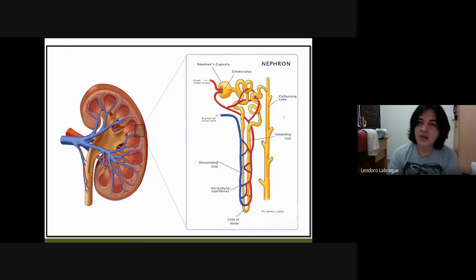The nephrons, specifically the Bowman's capsule and the glomerulus, are very important in the filtration and the absorption of essential fluid and electrolytes. Okay? These are the basic functions of your kidneys. The detailed functions and physiology of the kidneys will be discussed in anatomy and physiology for this class. The basic functions are very important.